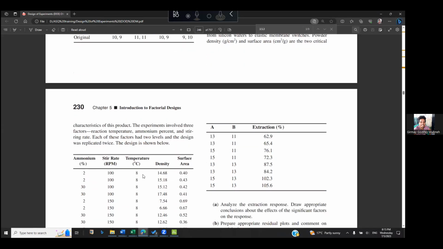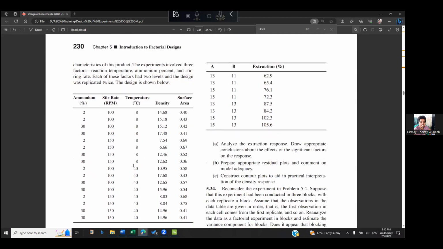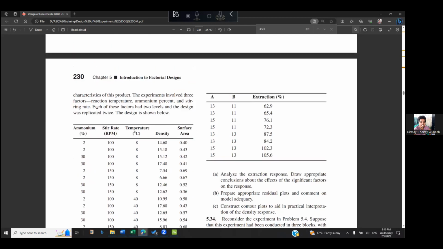The experiment involved 3 factors, ammonia, stirring rate and temperature.